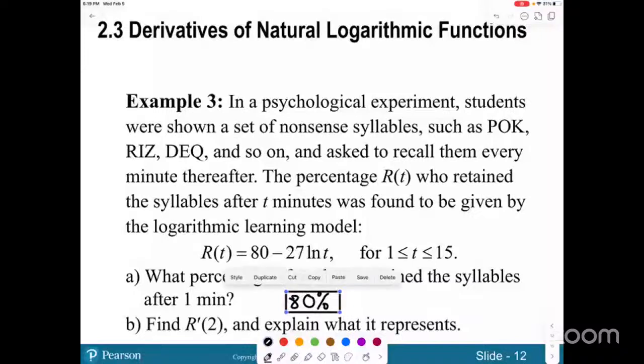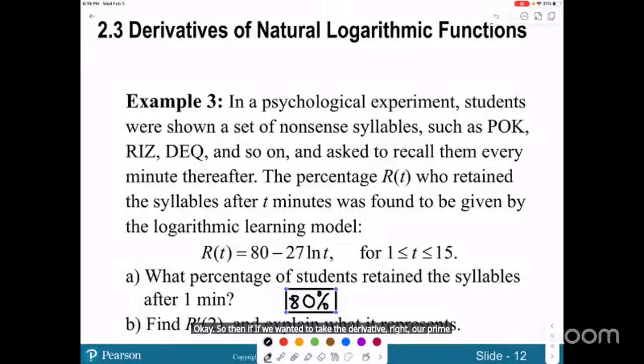Then if we wanted to take the derivative, R prime, that first term is gone because the derivative of a constant is 0. And for the second term, that 27 goes in front. So we're really just doing the derivative of natural log of t, which is 1 over t. Ultimately it's going to be negative 27 over t.